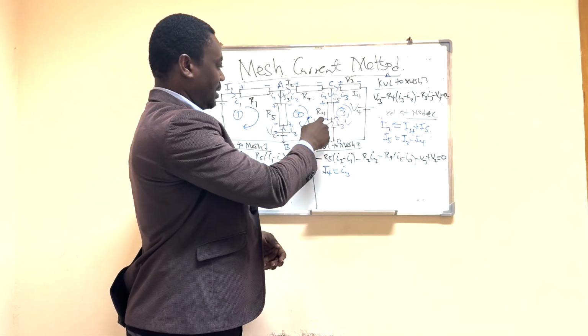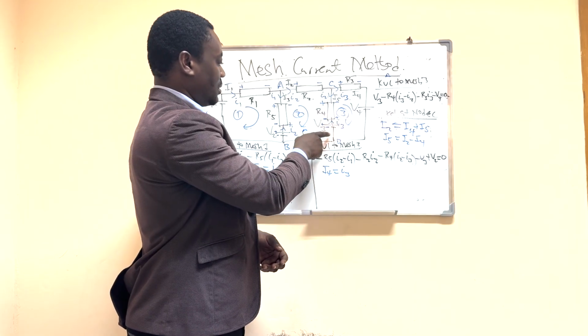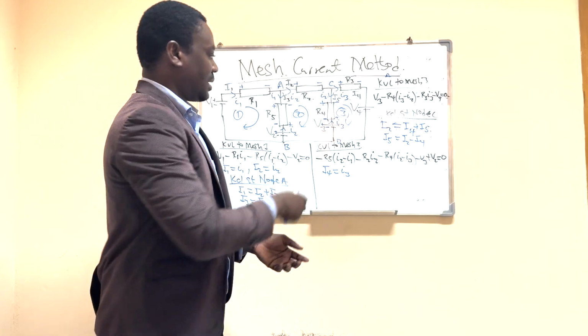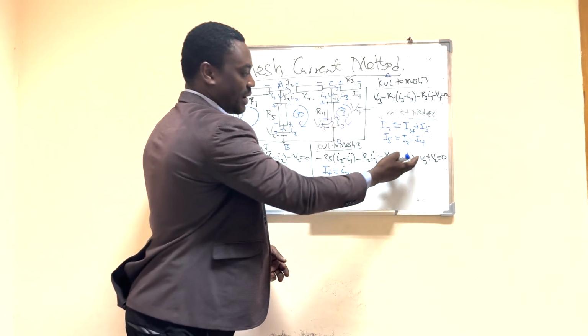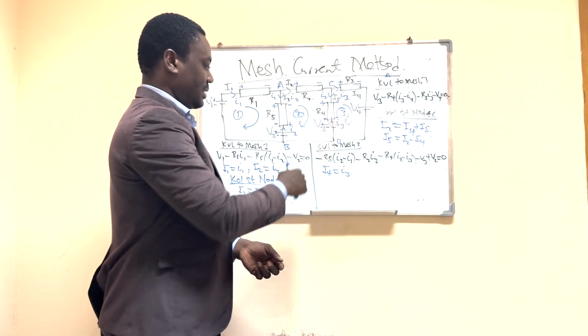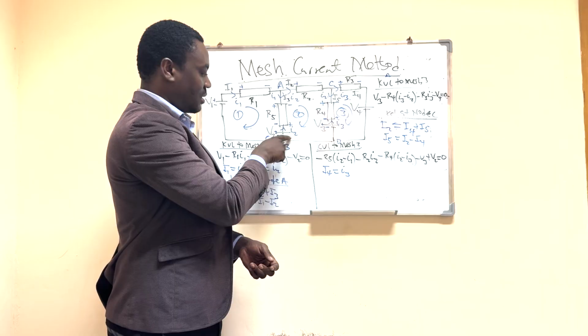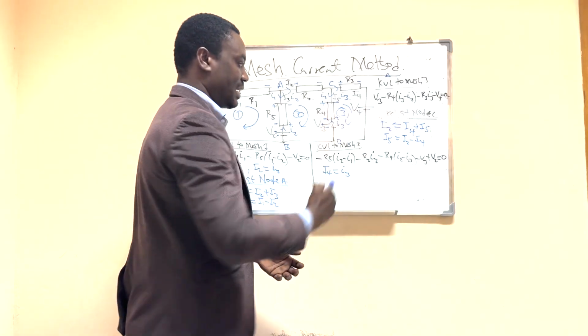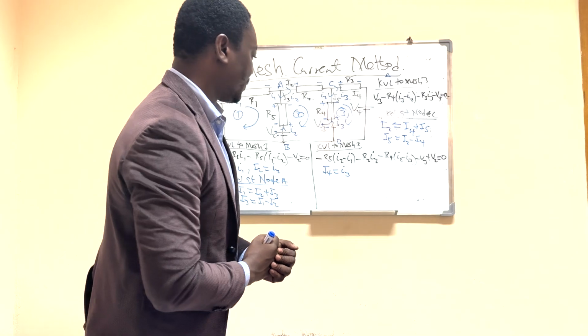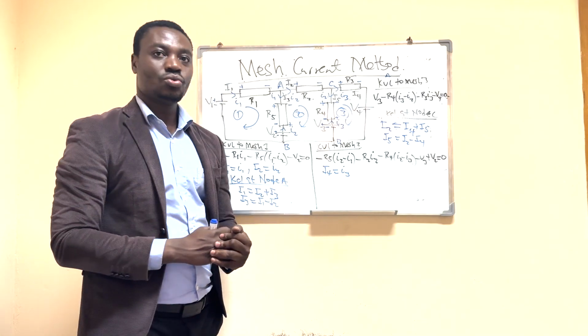Now, from there, we come to this point. You can see here we have a voltage source, plus to minus is a drop, so we have minus V3. Then here we come, now it's minus to plus, which is a rise. So we get plus V2 equals to 0. Now this gives us equation 2.